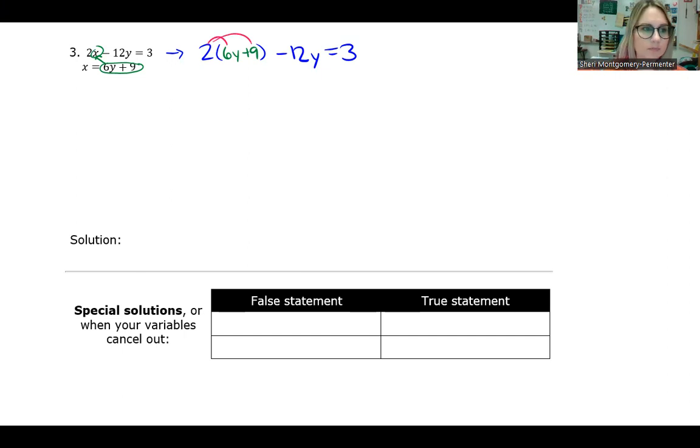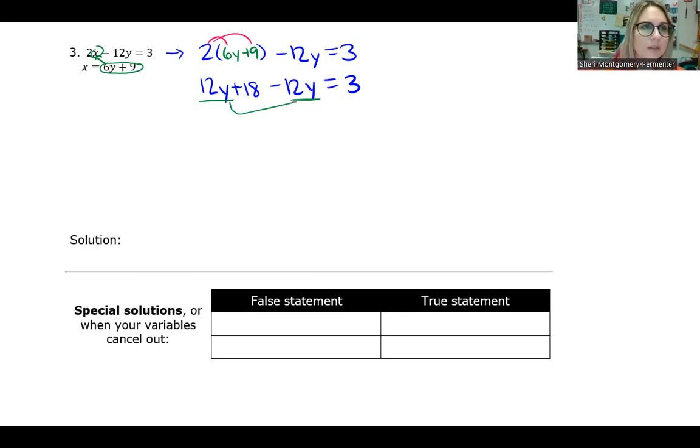Very good. So I have 2 times 6. And there's a y. 2 times 9. All right, just like the problems on the front, I have 2 y values. We need to put those together.